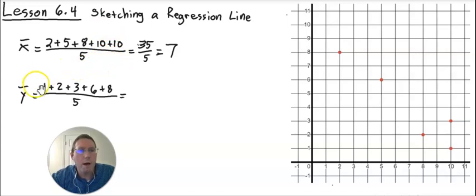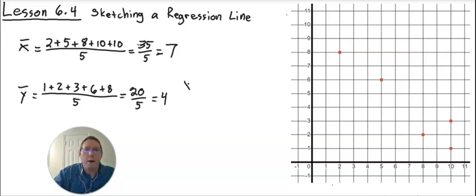For the y, we have 1 plus 2 is 3, plus 3 is 6, plus 6 is 12, plus 8 is 20. So we've got 20 divided by 5, which is 4. And so our mean point, x bar, y bar, is going to be 7, 4.